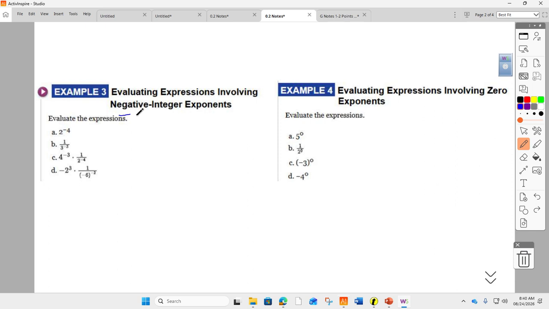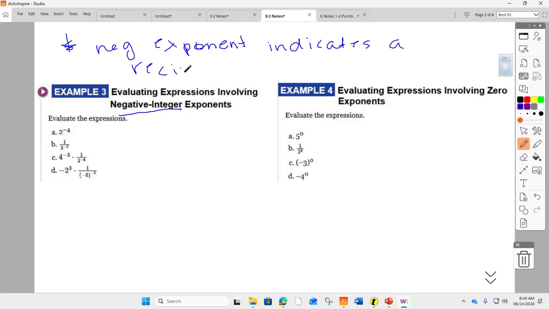Talking about negative integer exponents. Remember, negative exponents indicate a reciprocal. So we're going to multiply by the reciprocal. So a negative exponent indicates a reciprocal. And remember, for us, what that means really is that we're moving.